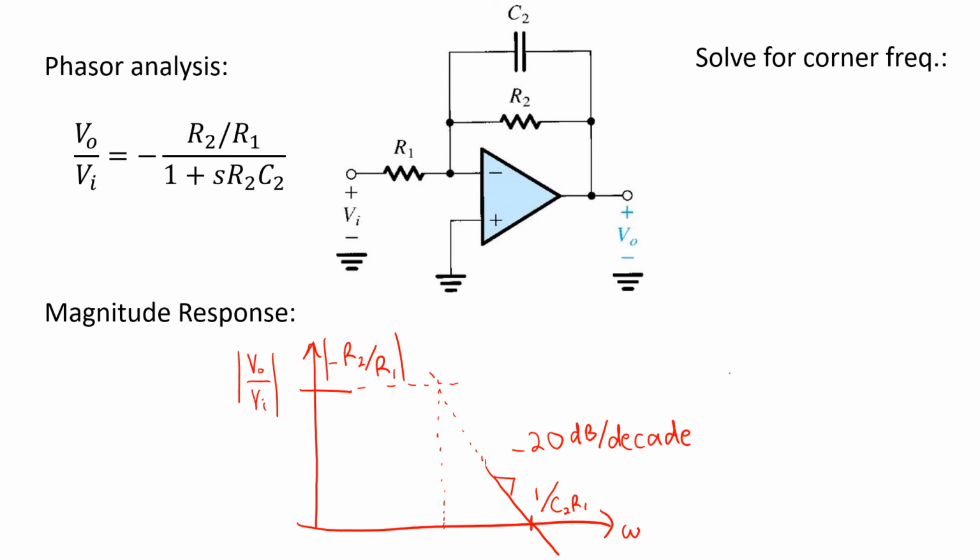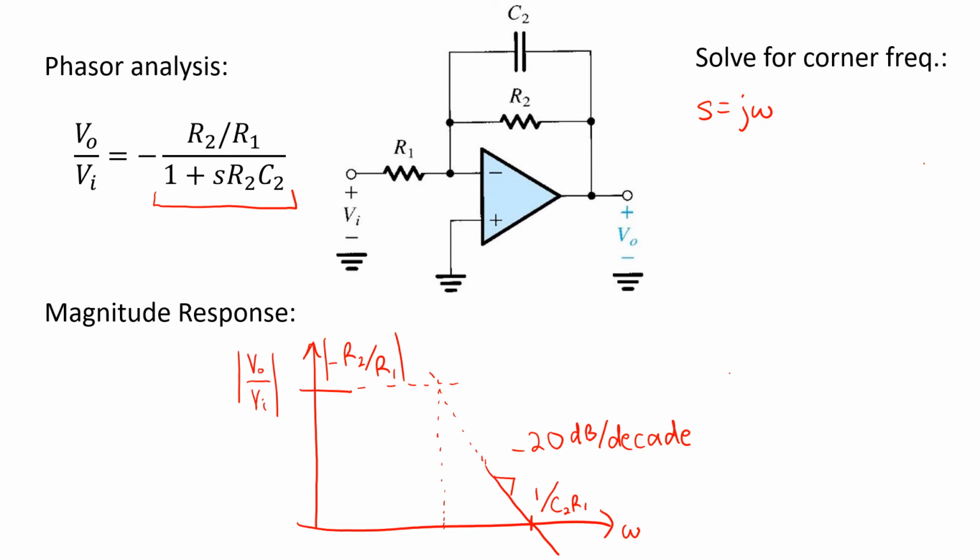And we're going to do so by finding the frequency at which this denominator here becomes equal to root 2. And that'll happen when, with s equal to j omega for physical frequencies omega, we've got the magnitude of the second term in the denominator equal to unity.